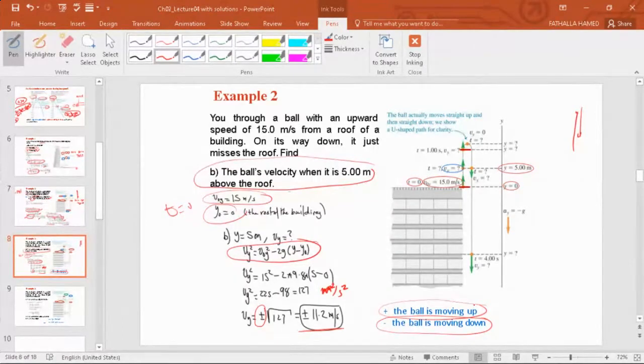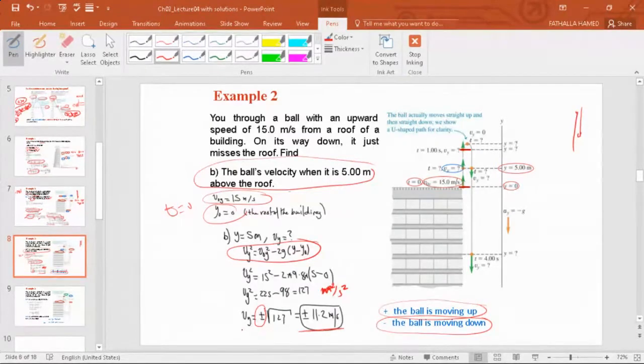So at 5 meters above the building, not at the same time, but at different times, while you're going up, your velocity is 11.2 meters per second. While you're coming down, sometime later, it is minus 11.2 meters per second. That's why I told you these equations take care of the whole trip for you.